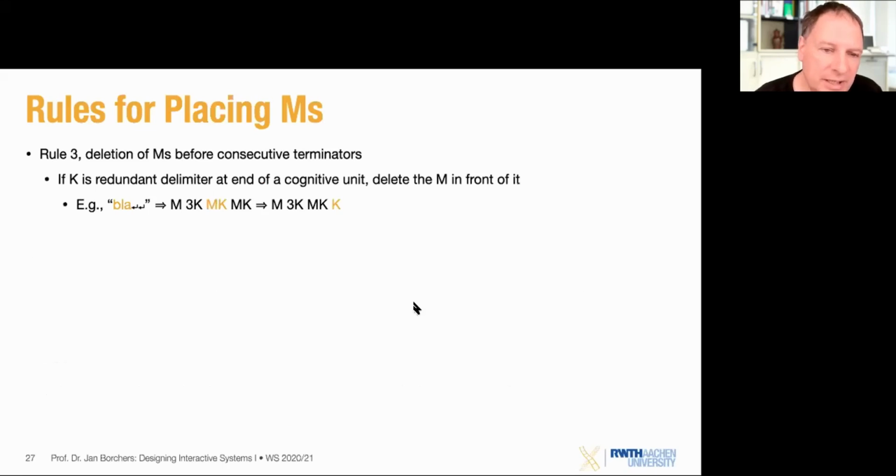Then we delete M's before what's called consecutive terminators. So, for example, if you have something like blah, enter, enter, you would have a mental preparation in front. Then you've got the 3 keys because we have already removed the M's inside this sequence.